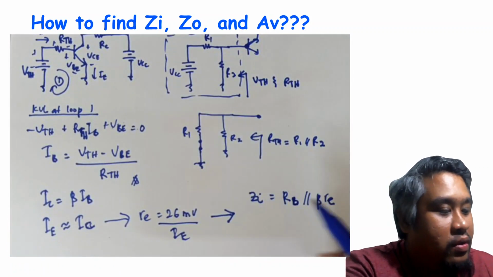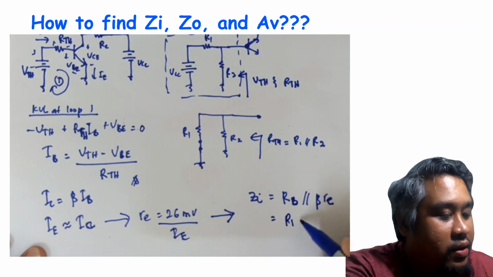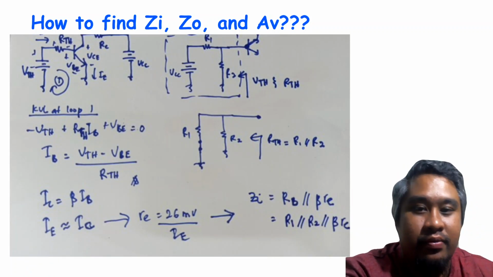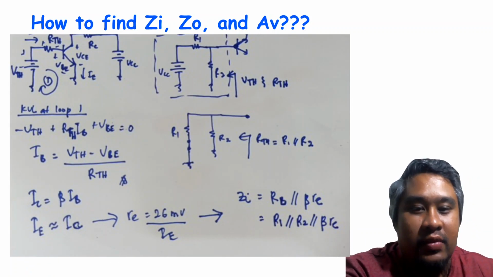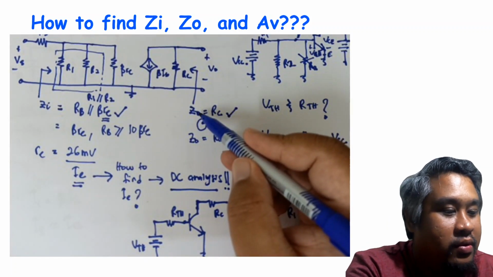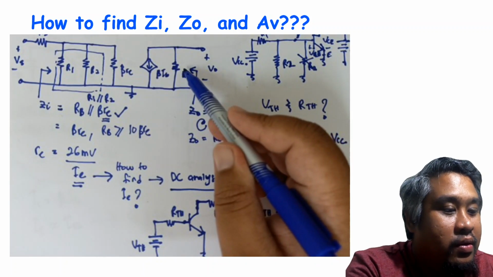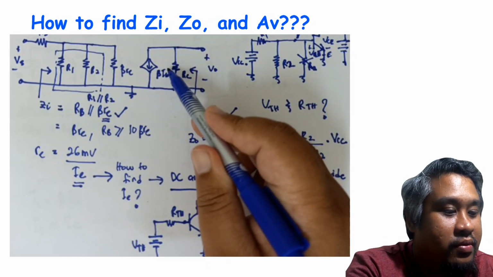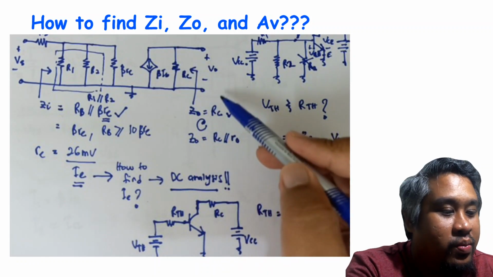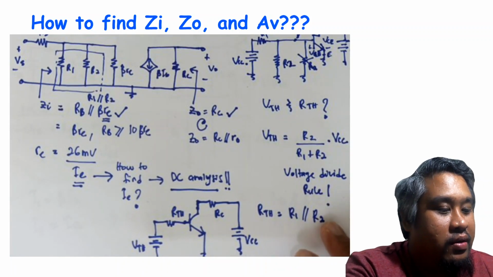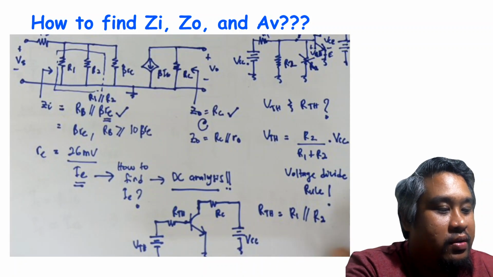So ZI is R1 parallel R2 parallel beta RE. And then Z out: we see the circuit has no output resistance here, so by default Z out equals RC.